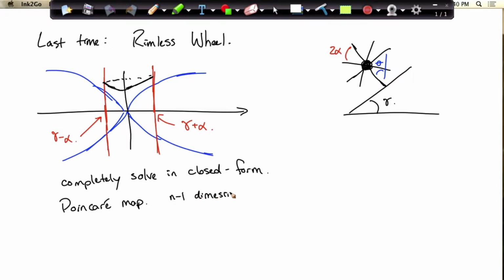Whatever our state space was, it was one lower dimensional map, which went from the reduced dimensions, I'm calling it x Poincaré, xp at time n, at crossing n to crossing n plus 1. Right? This is a discrete map that, for instance, would go from the time one of the foot left the ground all the way back to the next time when the foot was leaving the ground.